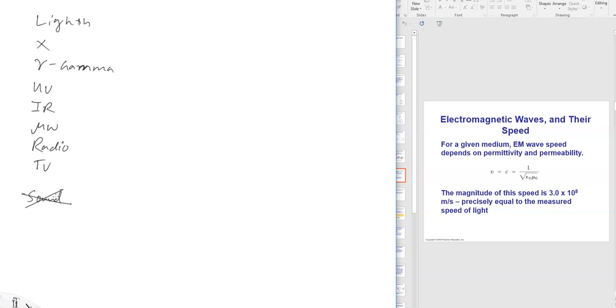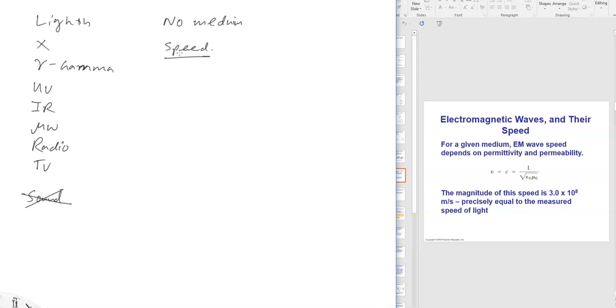These things, electromagnetic radiation, they do not need a medium. So no medium. Right? It's just pure radiation, pure energy. There are no particles moving. And then the speed, how fast they are traveling, depends on what kind of medium it's traveling through.